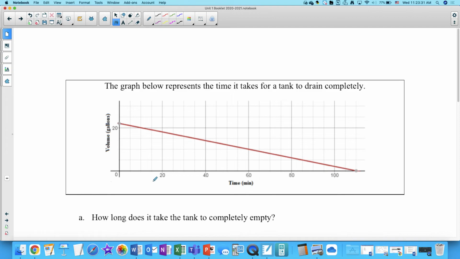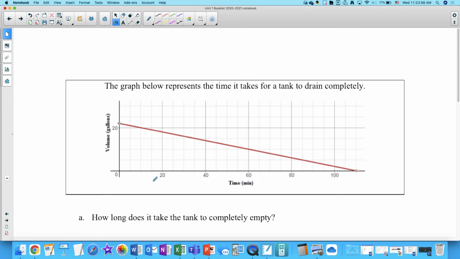Sometimes you're given a graph. Sometimes you are given a table of values. Sometimes you're just given a description. So a description in that last example would be the cost of gas in 1997 was 79 cents per liter. Every year, the cost of gas increases by 4 cents a year. Right? That's a description in words of what's happening.